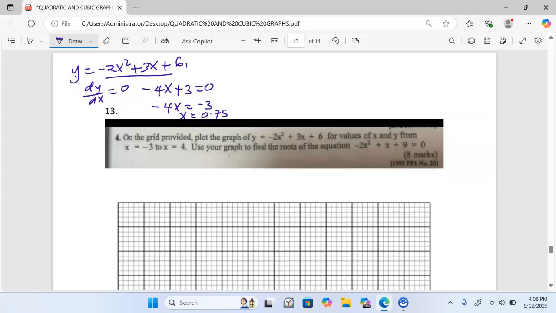Once you have the value of x, we usually substitute it in the function y so that we can get the y coordinate.